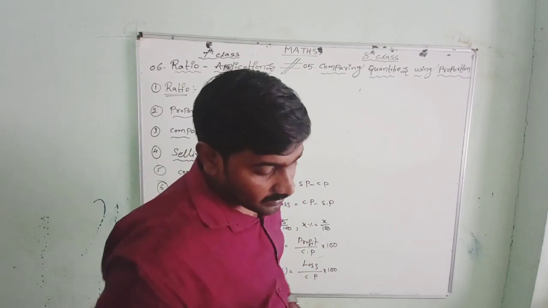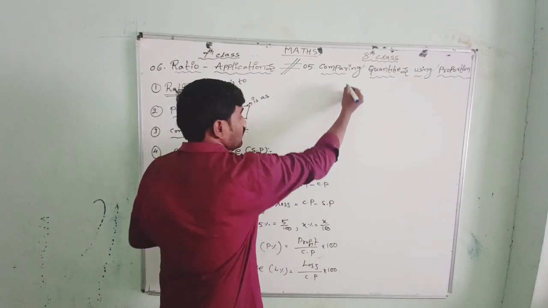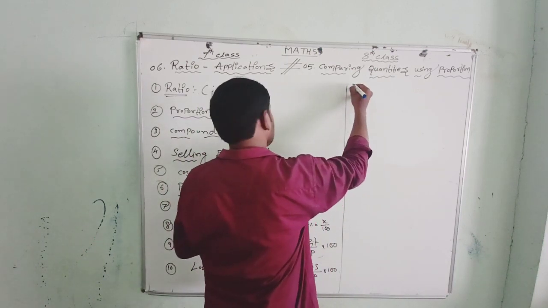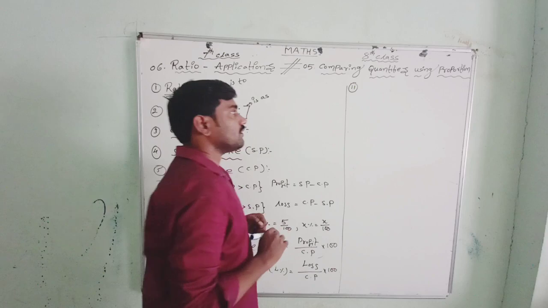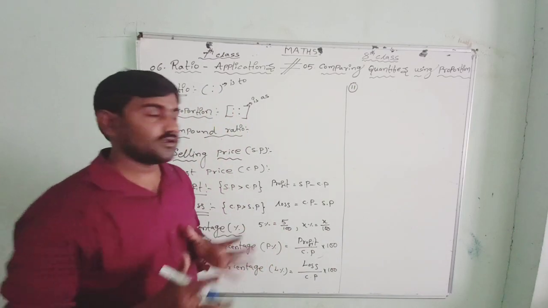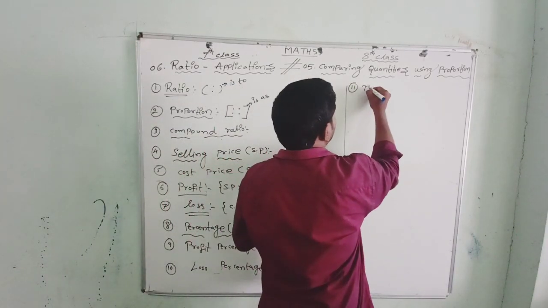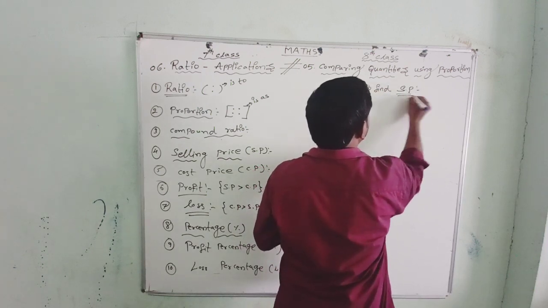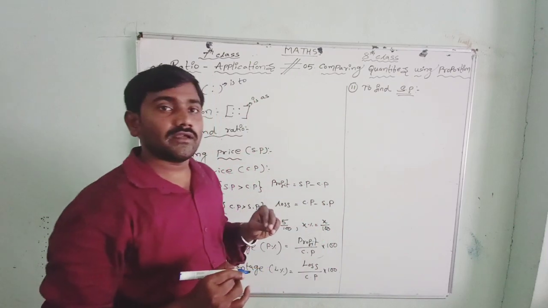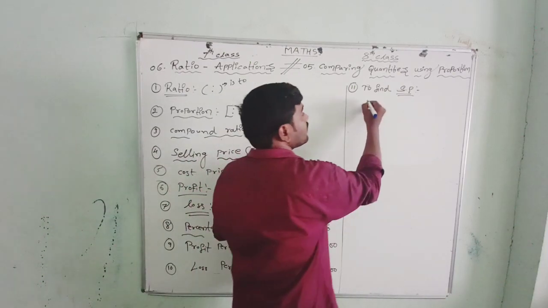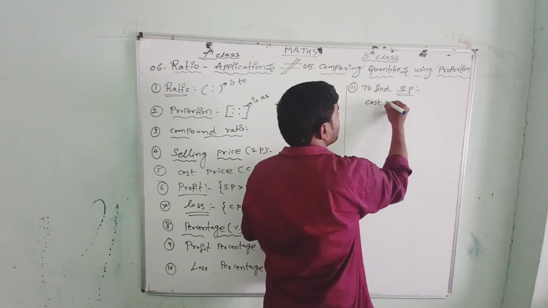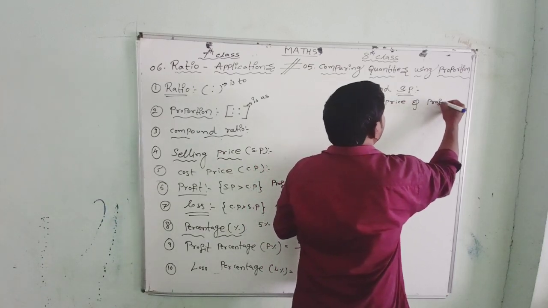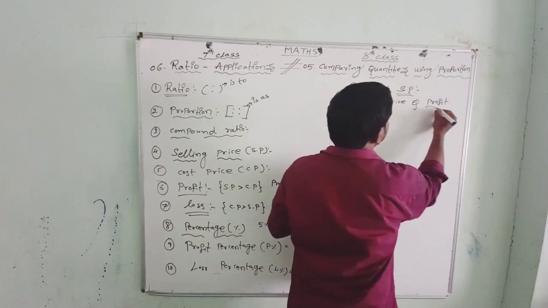Then next we go for very important formulas again. Here the 11th one, to find out the selling price when cost price and profit are given.